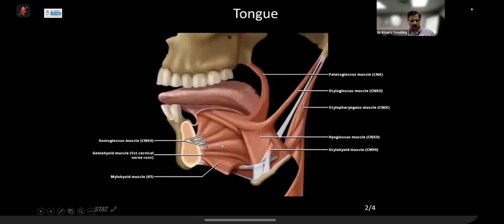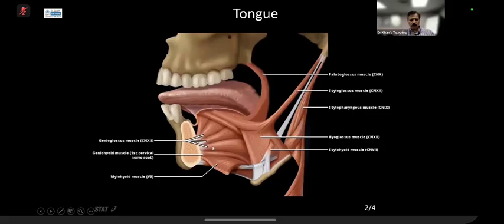Now look at this. This is the genioglossus. You see, most of the tongue is here. This is the extrinsic muscle, and this genioglossus at times gives you this septated appearance. Another muscle which is fan-shaped like this bilaterally is the hyoglossus. The rest of the extrinsic muscles of the tongue, like palatoglossus and styloglossus, radiologically speaking, you cannot see them.